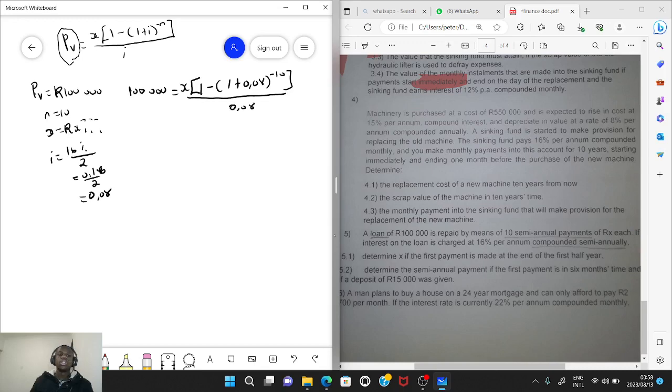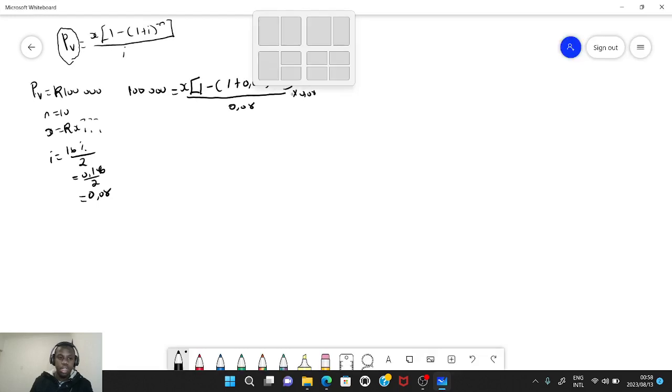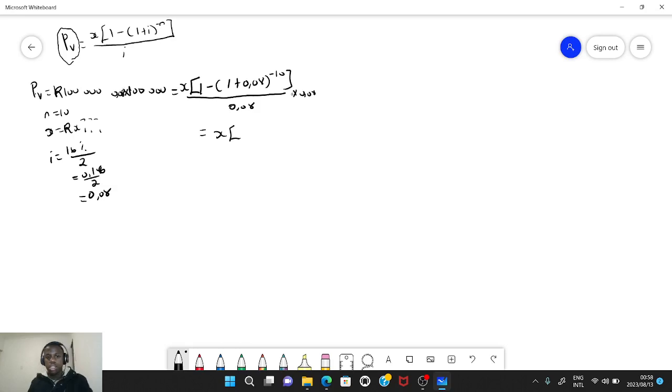And then you multiply both sides by 0.08, right? When you multiply, you'll be left with X into what?